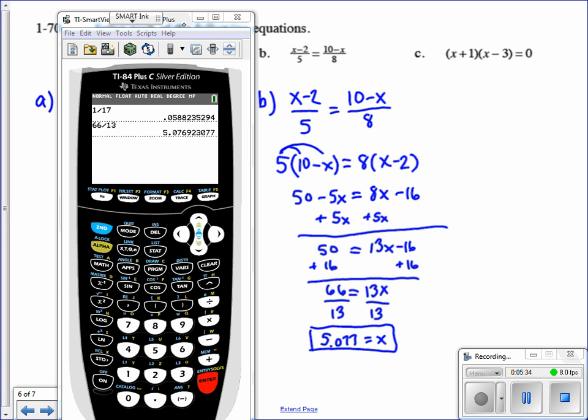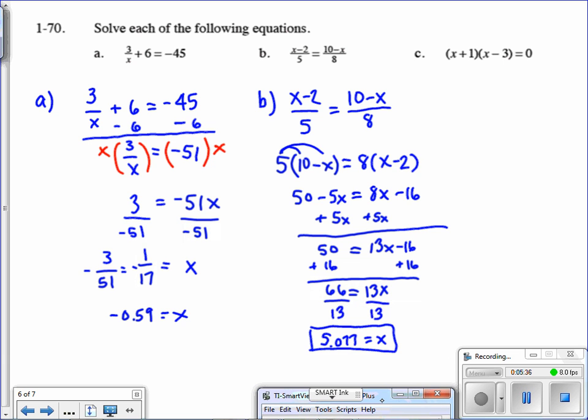Problem C. We have the quantity of x plus 1 times the quantity of x minus 3 equals 0. Well, this one's pretty easy. We're going to be using the zero product property. If we're multiplying the quantity of x plus 1 times the quantity of x minus 3 and it equals 0, that means that one of the factors has to be 0.